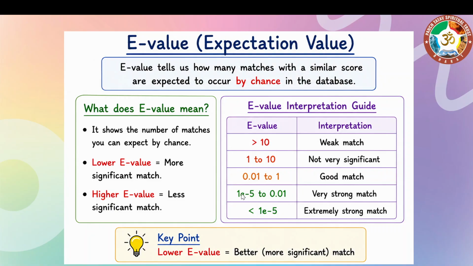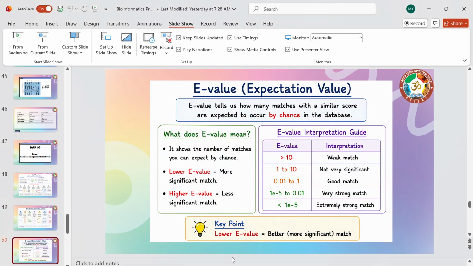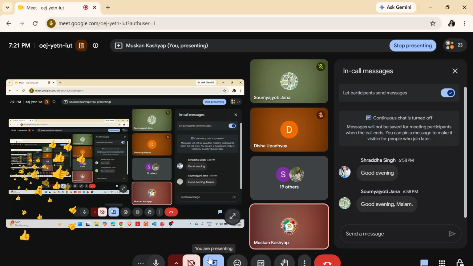Now, what is the rule? An easy rule to remember: the lower the E value, the more significant the match, meaning the chance that the match happened by chance is extremely low, and the higher the E value, the more likely this match happened by chance. Are we clear with E value, or do we have confusion with E value? Is it clear? Any question related to E value?